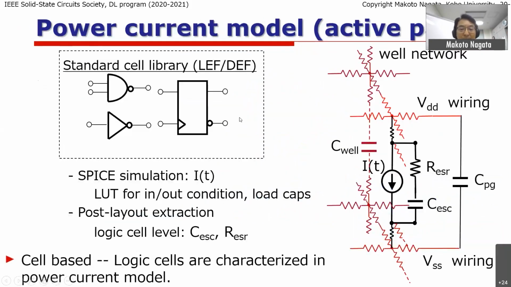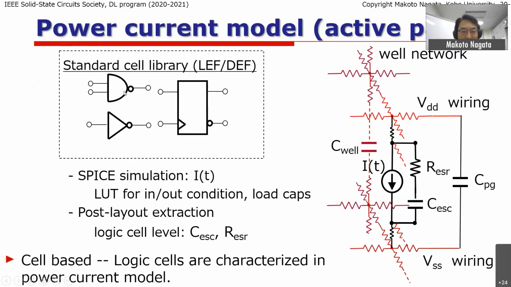For the active part, for instance, in the digital case, a standard cell library is often used, especially for digital circuits and also for cryptographic engines. We are using the NAND cell, inverter cell, flip-flops, and many others.